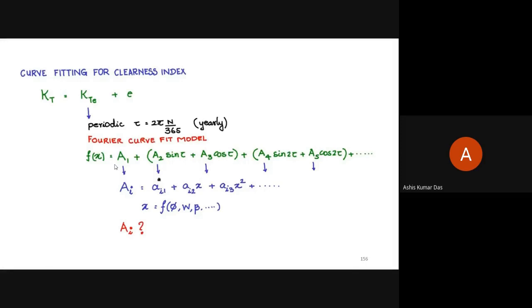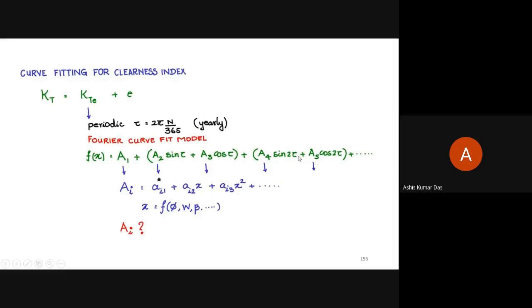Fourier transform is a different thing; this is called the Fourier series. At the start of the Fourier series, we have some DC offset. So a1 is called the DC offset, and accordingly we talk about the harmonics. This is the fundamental component, sin tau and cos tau, and this is the first harmonic component.